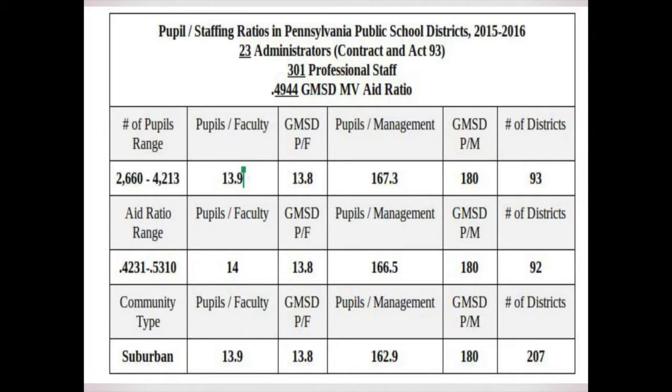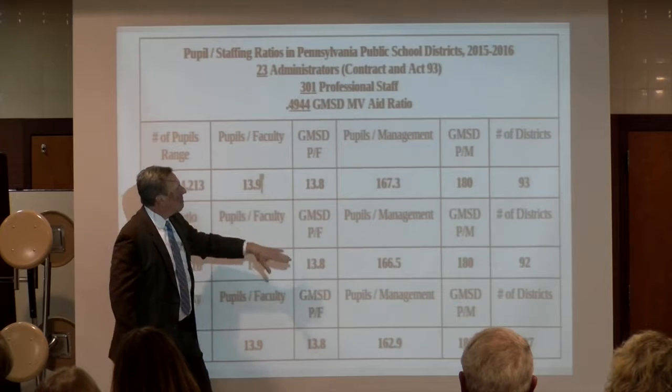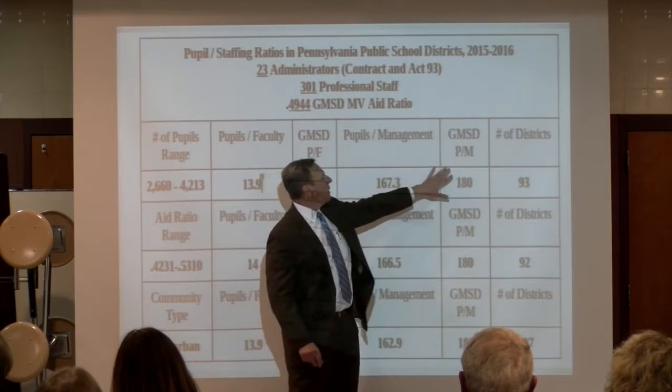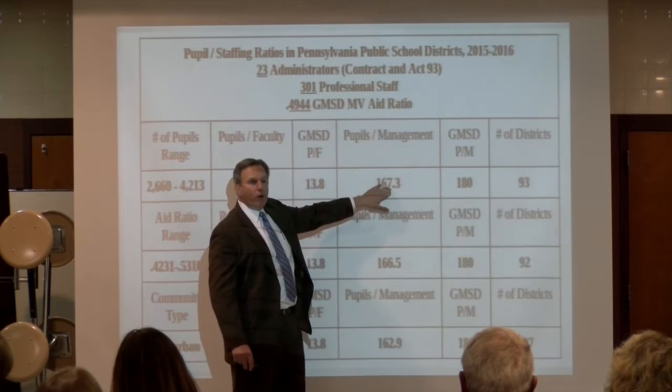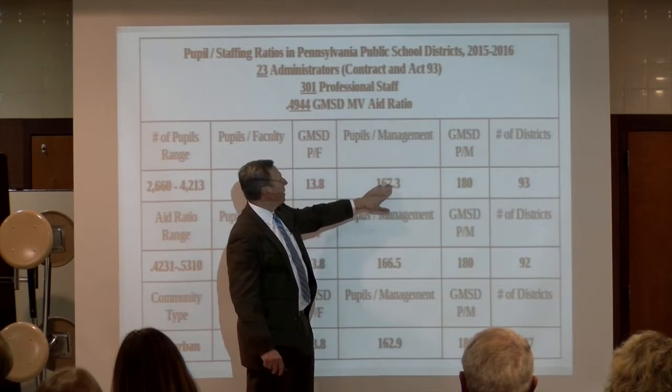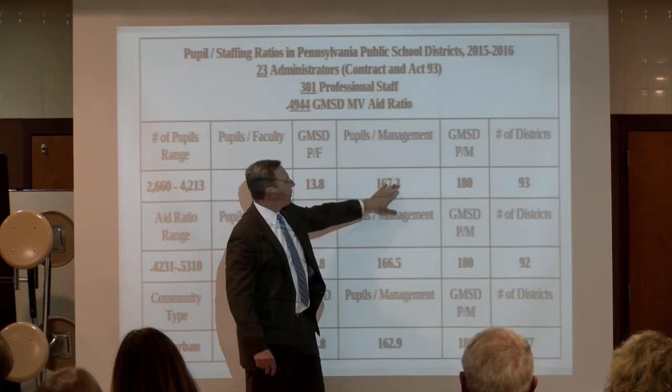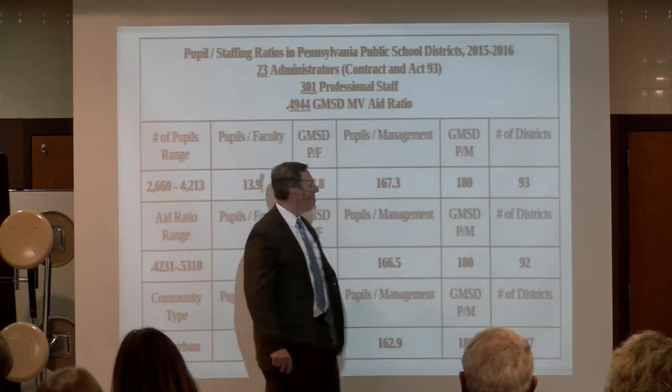So how do we compare? This is the per pupil to faculty ratio. This is ours, 13.8. Then they took how many students per administrator: 167 per administrator was the ratio for the 93. We were at 180.